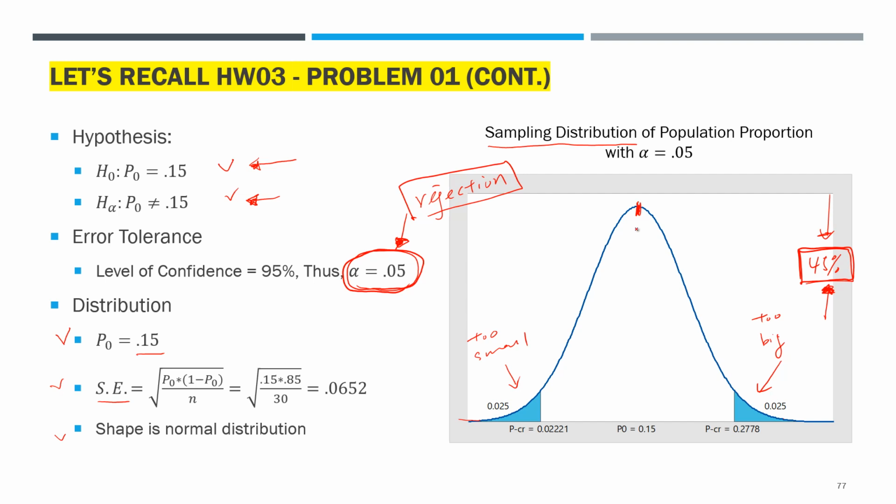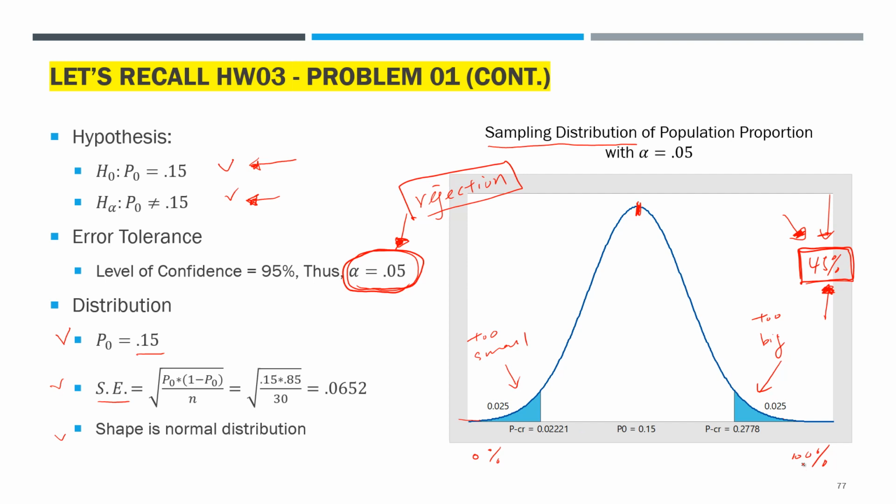But even though you may obtain this type of sample outcome, if you keep sticking to that type of rhetoric, namely, all things are possible, then 0% is possible, 100% is possible, because the normal distribution extends from negative infinity all the way to positive infinity.